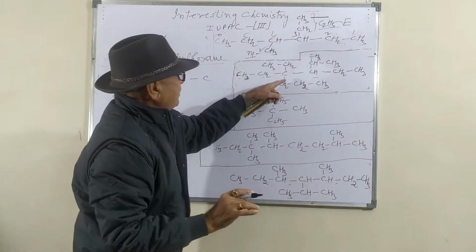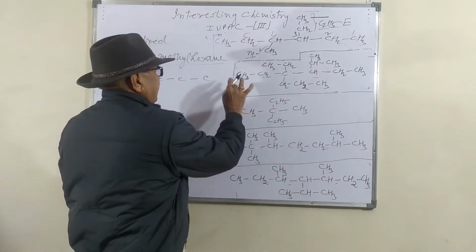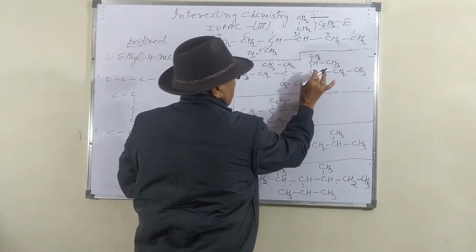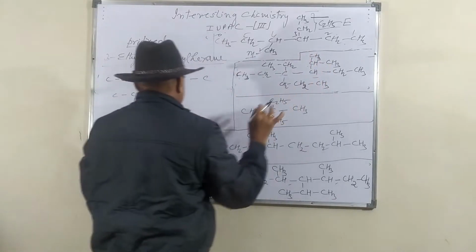This is one chain, 1, 2, 3, 4, 5, 6, and this is another, 1, 2, 3, 4, 5, 6.